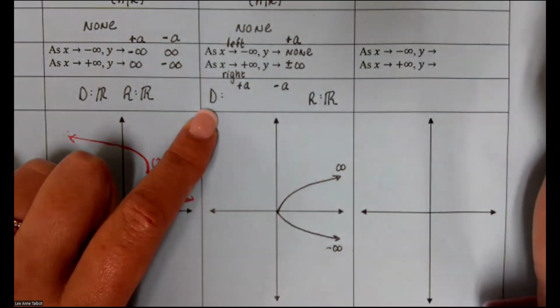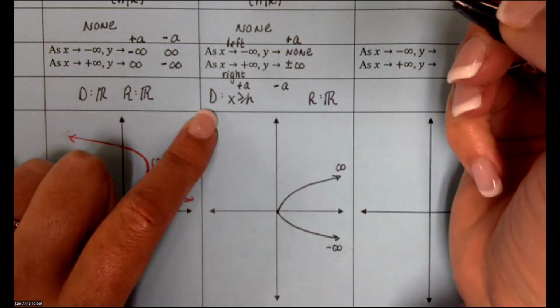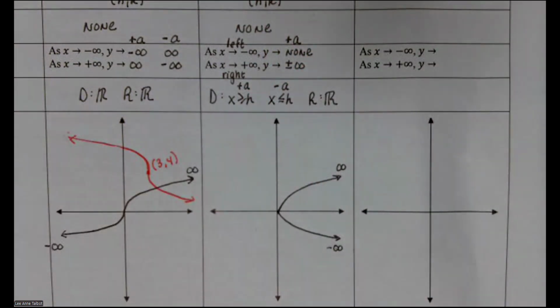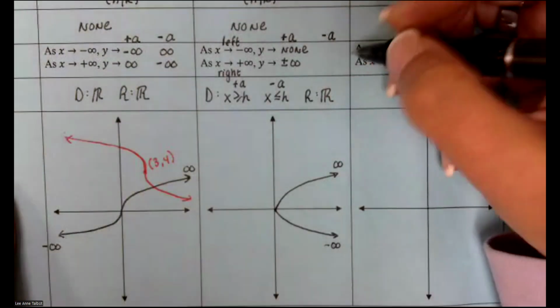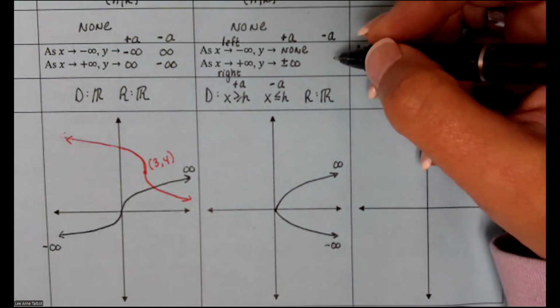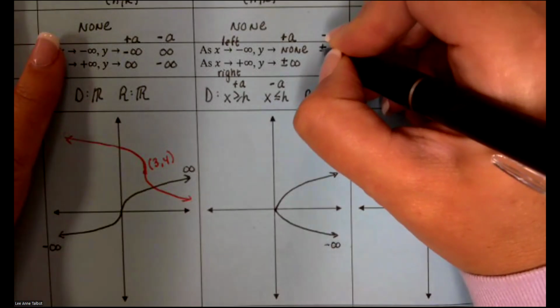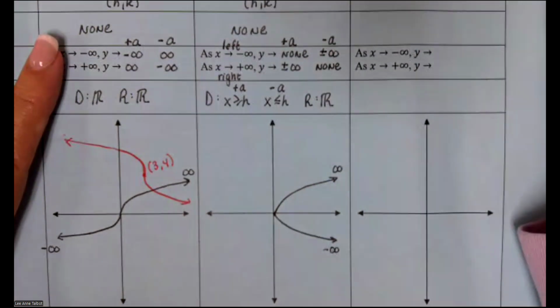But since the domain deals with x, x is greater than or equal to h, x is less than or equal to h if it's a negative a, which we're going to actually look at in a second. What do you think is going to happen to the end behavior with a negative a? Yeah, they're going to flip. And then we'll graph one in a second.